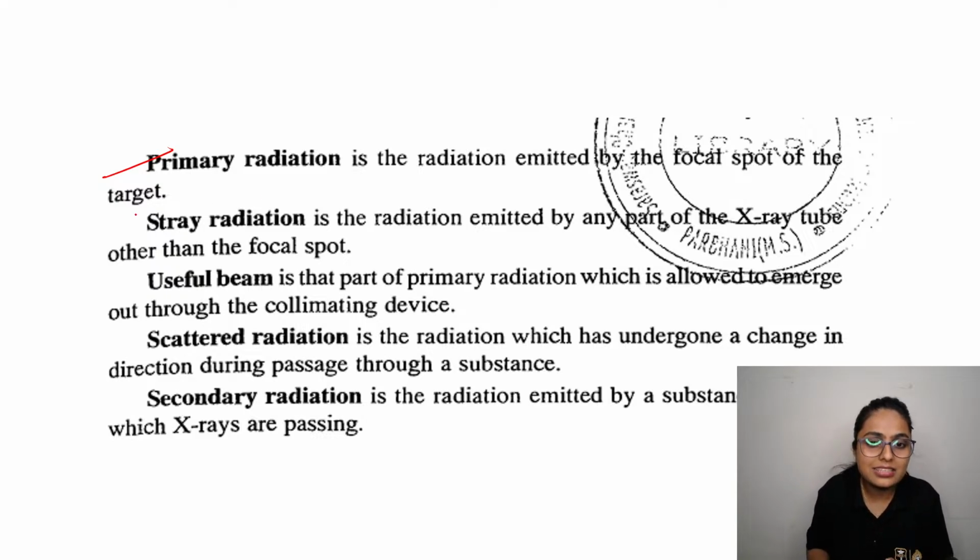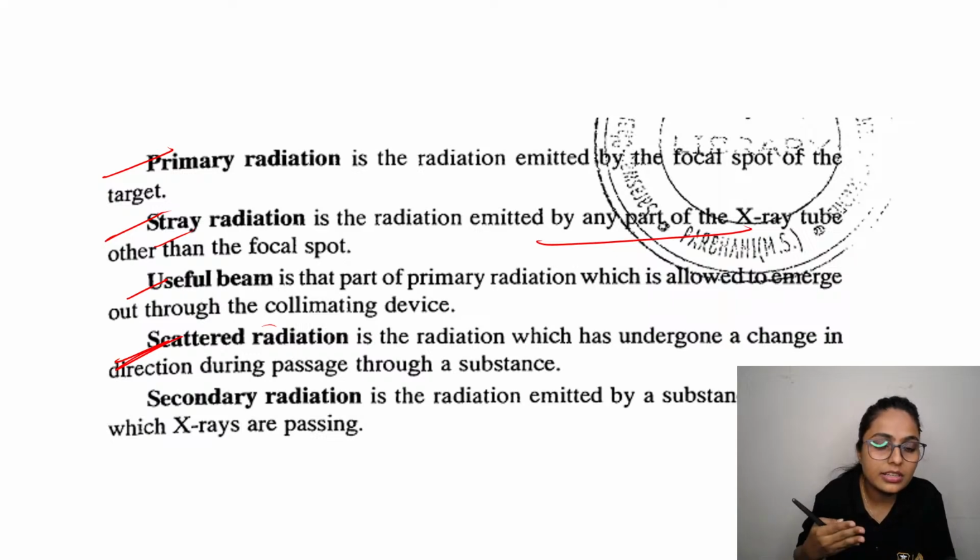Stray radiation is radiation emitted by any part of the X-ray tube other than the focal spot. All right, which is stray radiation, not useful. Useful beam is a part of primary radiation which is allowed to emerge out of the X-ray tube, through the collimator. Scattered radiation is the radiation which has undergone a change in direction during passage through a substance.